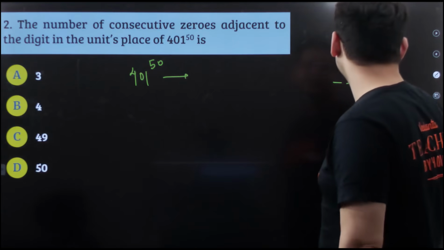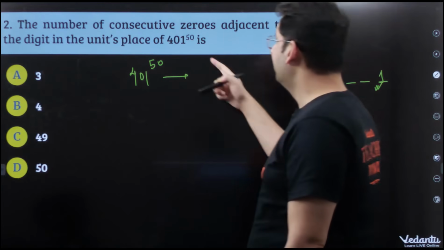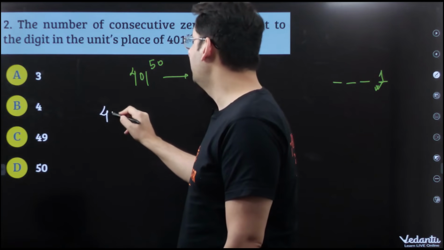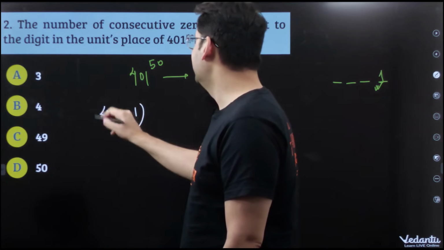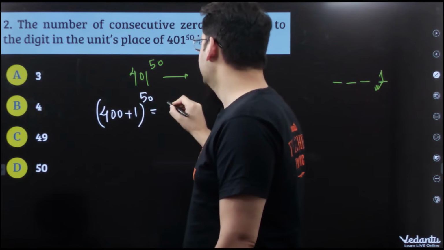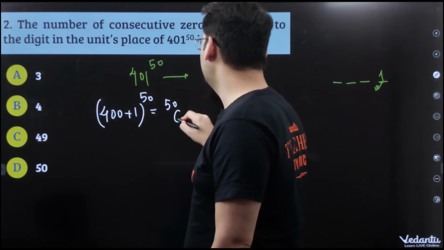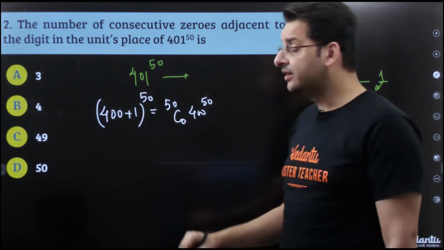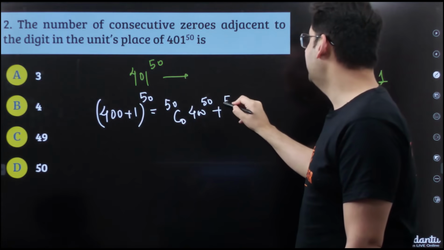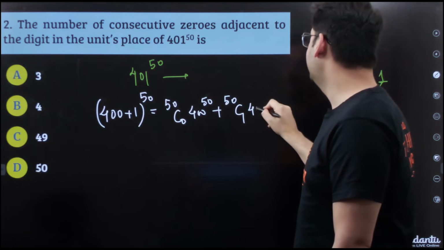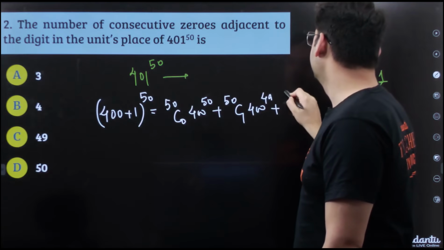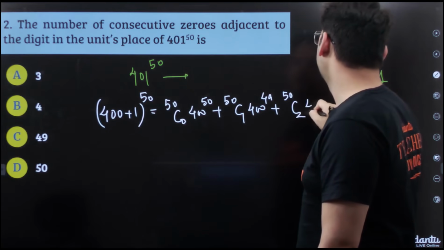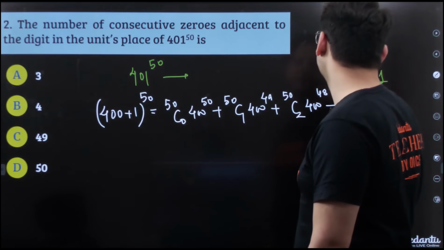This is a very standard application of the binomial theorem. 401 to the power 50 can be written as (400 plus 1) to the power 50, and this can be expanded. So it will be 50C0 400 to the power 50, plus 50C1 400 to the power 49, 50C2 400 to the power 48.